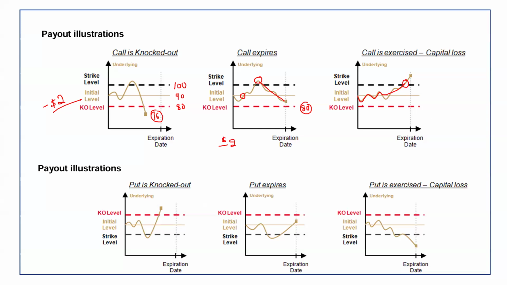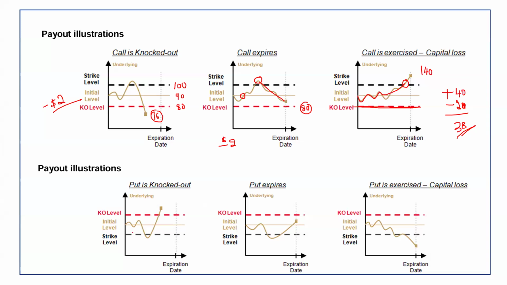It did not come below the knockout level, which means the option is still active. Assuming it closed at 140, the holder can expect a $40 cash flow minus the $2 he has paid as a premium. So the holder here makes a gain of 38. So this option remains active.